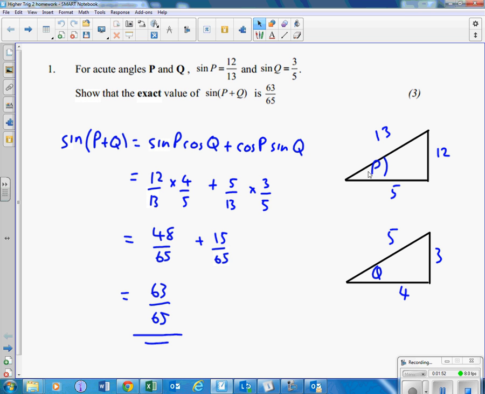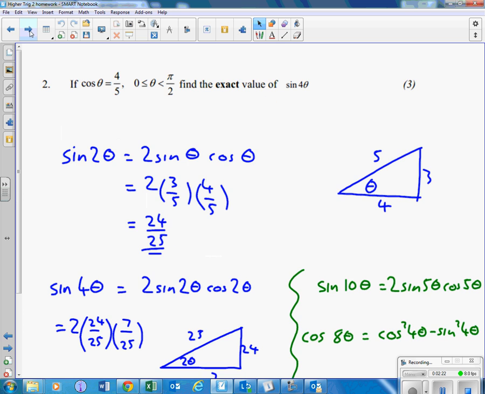Plus cos P, adjacent over hypotenuse, 5/13 multiplied by 3/5, because we know sin Q is 3/5. I'm multiplying fractions, top times top, bottom times bottom. Common denominator, yes we do, so we can just add them together, 63/65ths. And we're told that in the question, we've come to that answer, so pretty good chance that we're getting 3 out of 3 there.